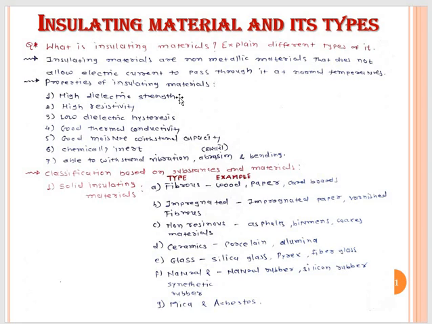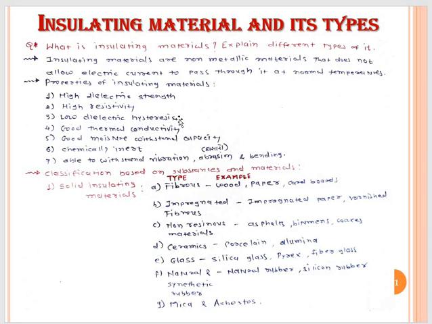Now, properties of insulating materials. The first property: high dielectric strength. An insulating material must have high dielectric strength. Second, it has high resistivity. Third, low dielectric hysteresis.